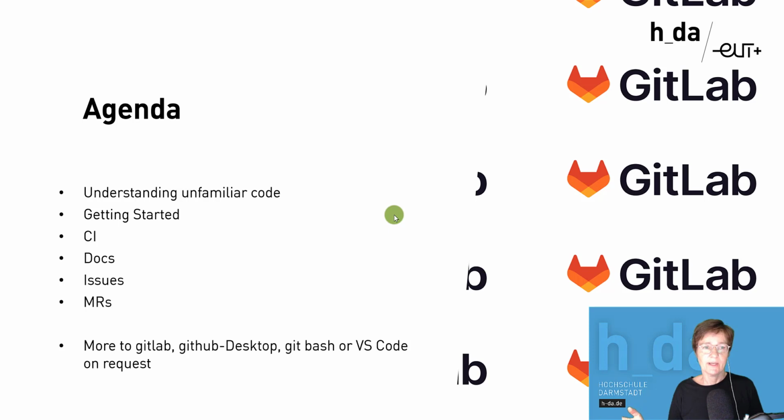So to sum up what I give you in the repository, as I said, you can either work on it locally, but I suggest you set up your own repository and start with the files I give you. I showed you how you get started with unfamiliar code, what you need to do to work with the files I give you, how the CI pipeline is set up and how it works in GitLab. GitHub has something similar.